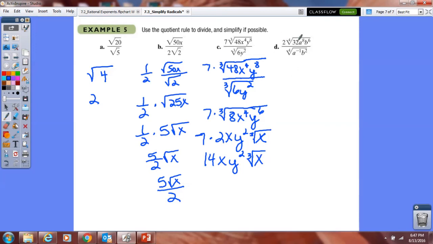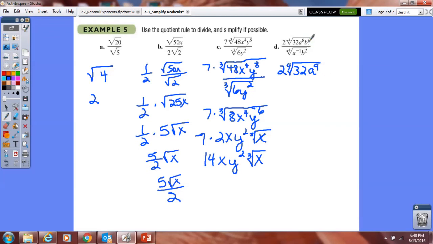Alright, last one here. So we can do some simplifying in this radical. So that's going to be the 4th root of, we're going to leave 32. Alright, we're going to subtract 8 minus a -1. That double negative makes that positive, so that's a to the 9.